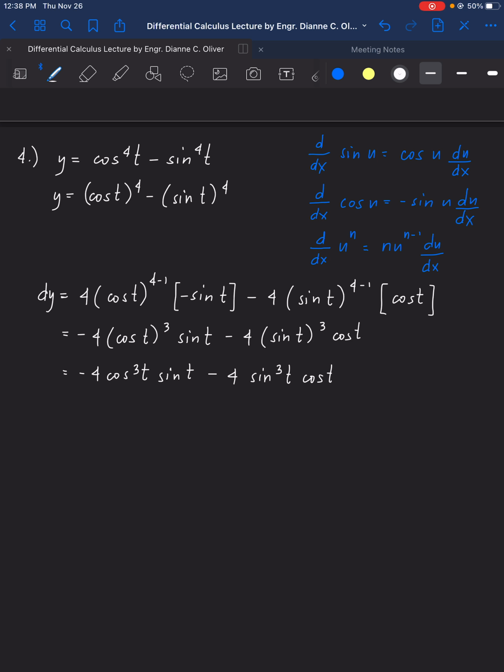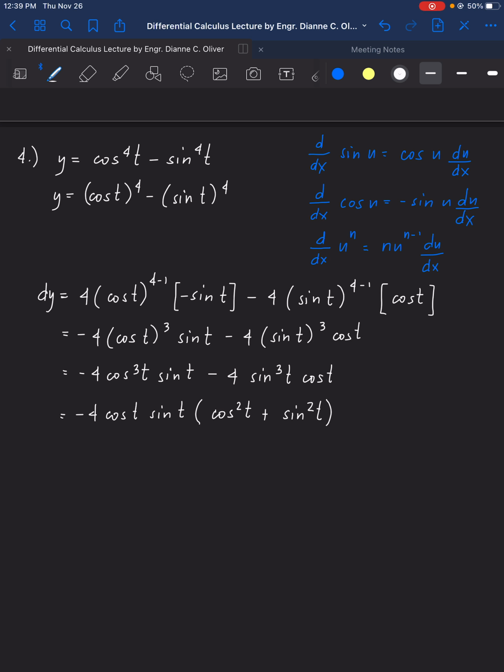Now, we can still simplify this portion here because they both have -4, so we can bring out -4. They have cosine and sine. Cosine squared t plus sine squared t.